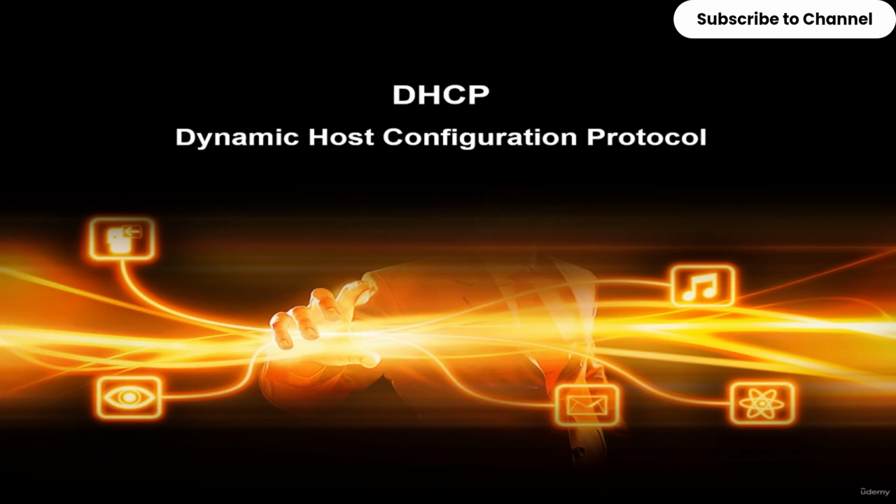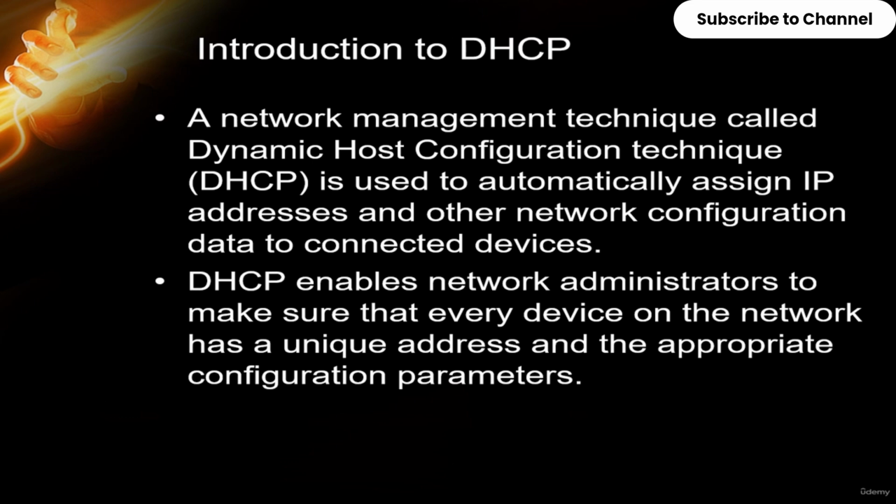Hi, in this video lecture, we are going to discuss DHCP, that is Dynamic Host Configuration Protocol. What is the use of Dynamic Host Configuration Protocol? It is used as a network management technique. It assigns IP addresses dynamically for the network configuration of the connected devices.